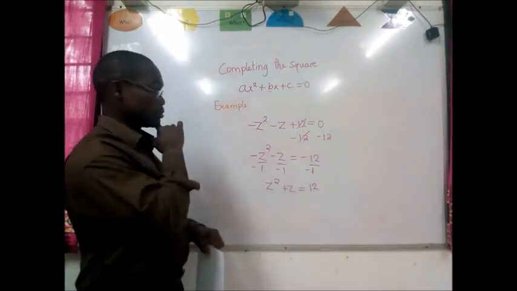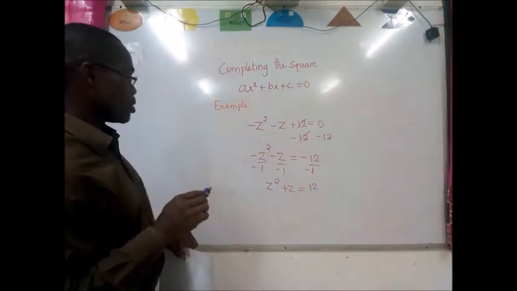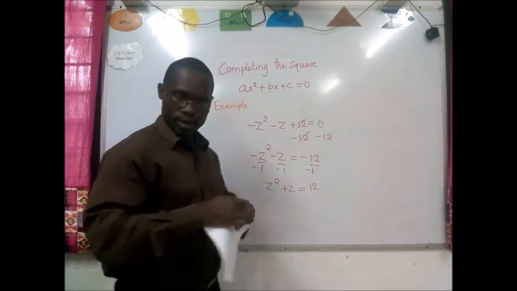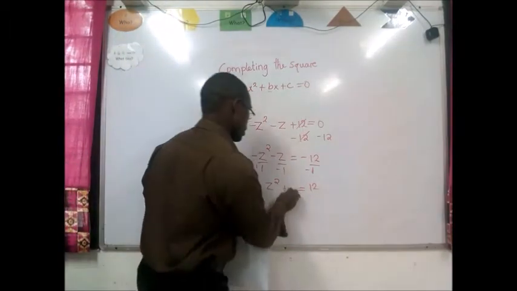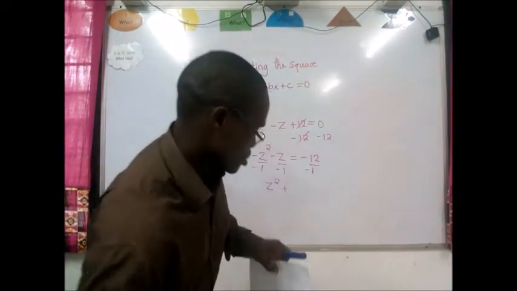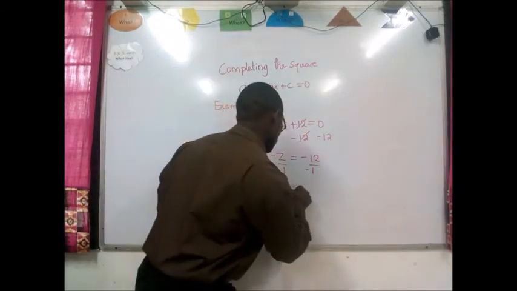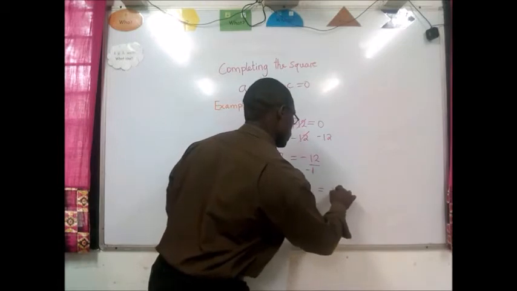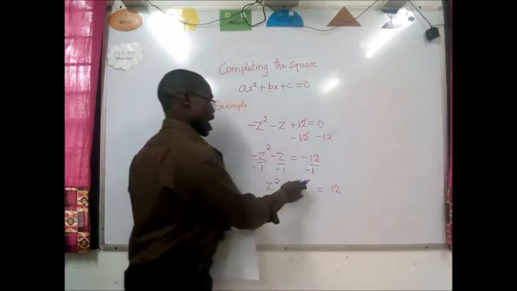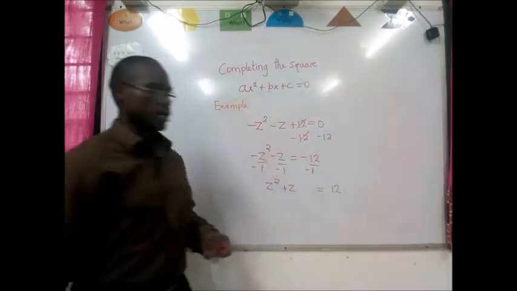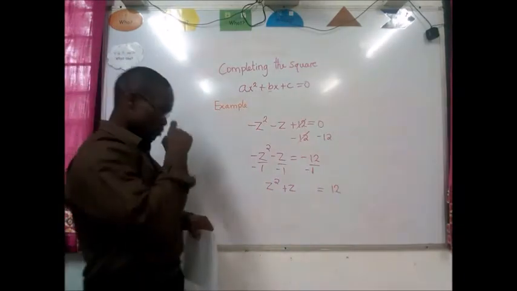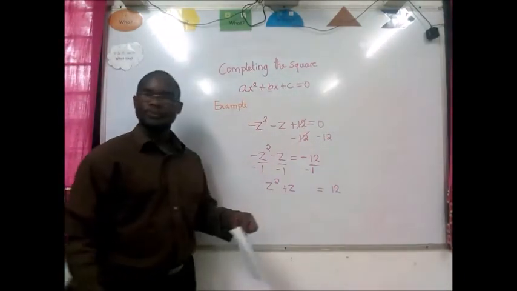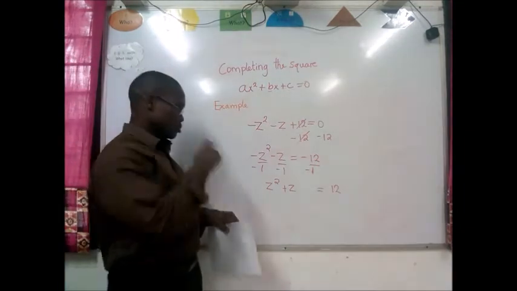It comes like that. So now the question comes. Let me leave some space here. So z squared plus z, we need to add something on both sides, equal to 12. When we add here, we should add on the other side too. What is it? We look at the coefficient of z, which is b.